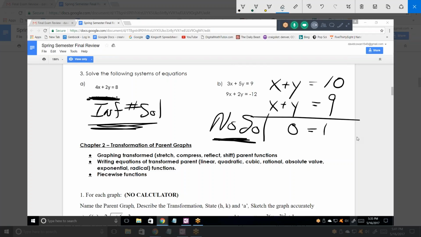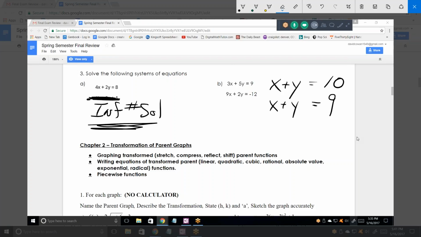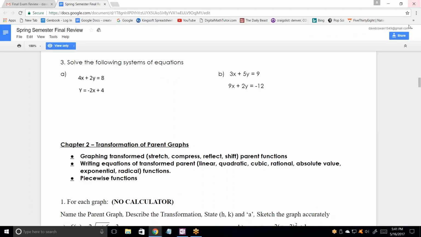If you think about it for a moment, x plus y can be equal to 10, but it can't also be equal to 9. There's no way. If you think about what values of x and y might make both of these true, there aren't any. There just is no way that both of these can be true. So it's no solution. All right.